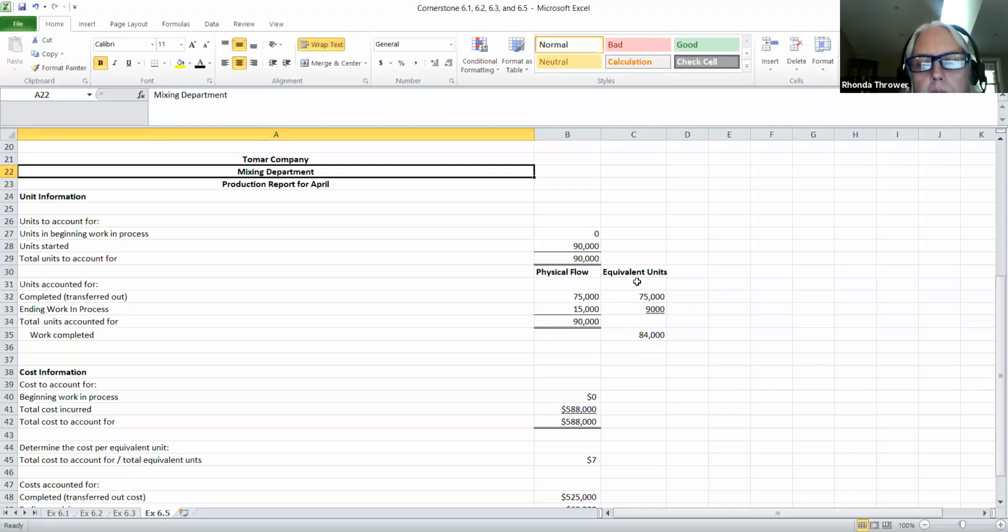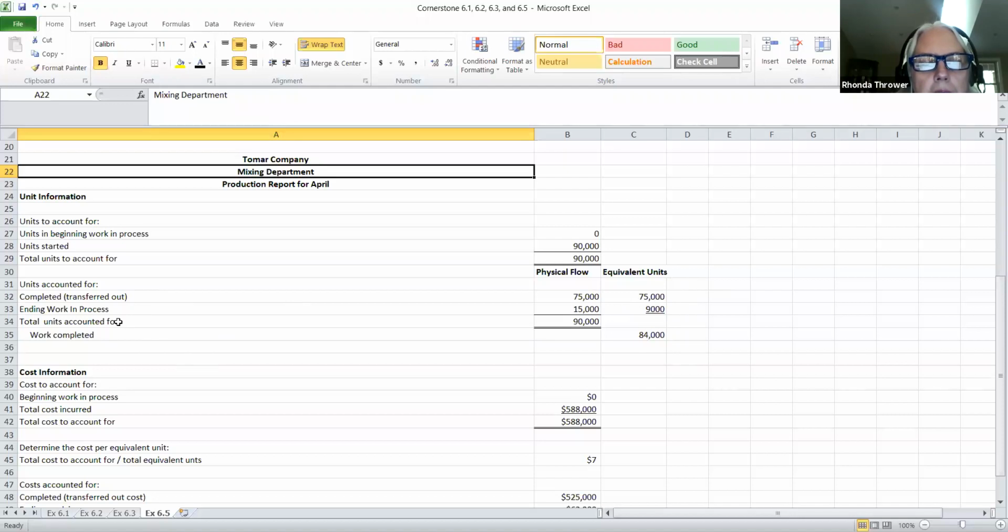But my equivalent units, those are the units that we could have completed during this period of time, is going to be different. And that's because we finished 75,000. We transferred them out, so we have all the materials, the labor and the overhead in here.